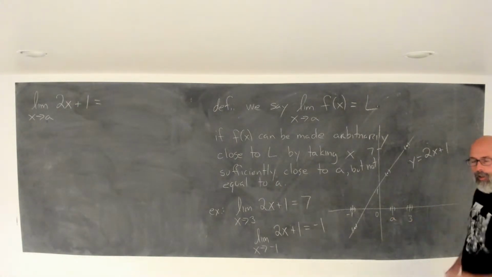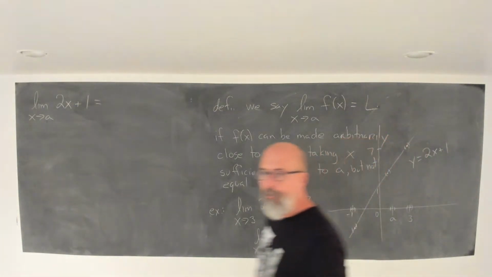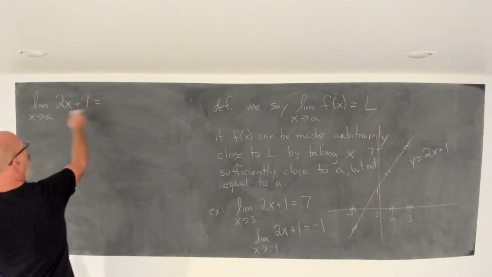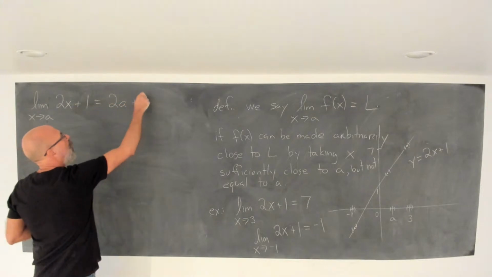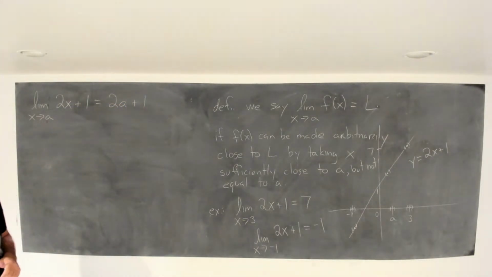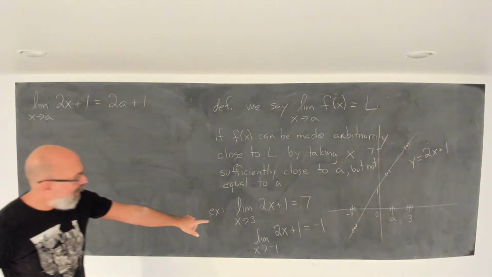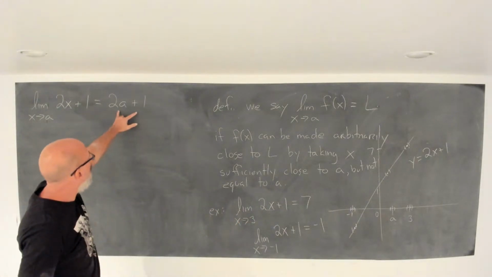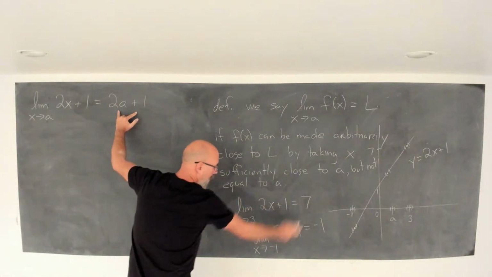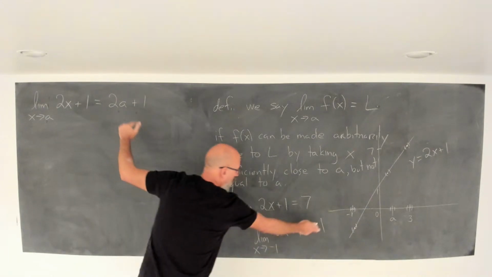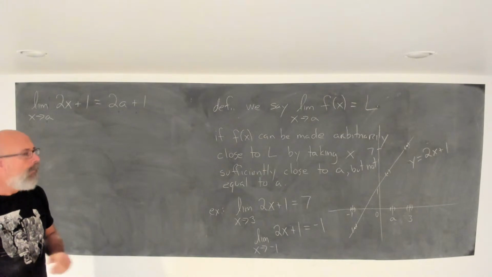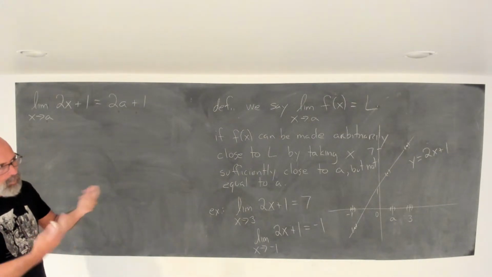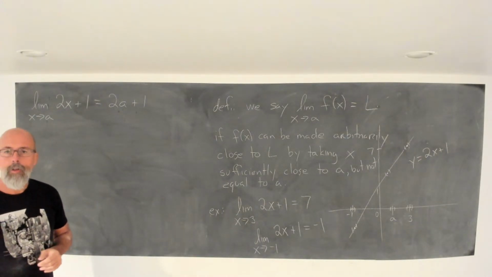In general, if you take values close to a, this expression is going to be close to 2a plus 1. Absolutely. In the case that a was 3, we had 7. In the case a was -1, we had -1, and so on. There it is. We have the graph. Very well behaved. We're good to go.